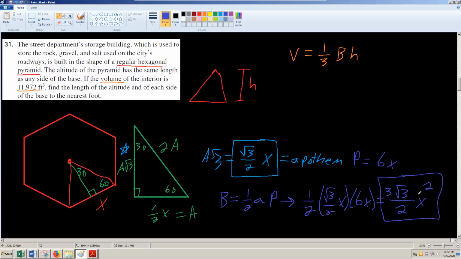If this is my base, then I want to take this and plug it back in with my height. Well, what's the height? We said the height of this thing was just going to equal the base edge. So this is just going to equal x, right? We said it was x over here, so now we're saying it's x right here as well.